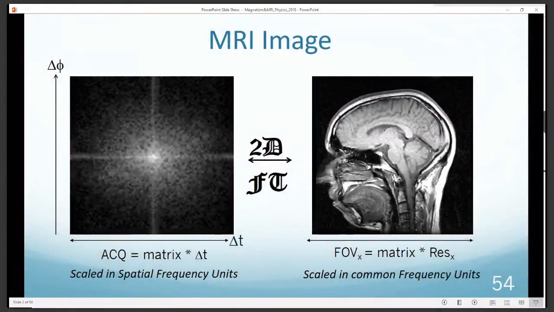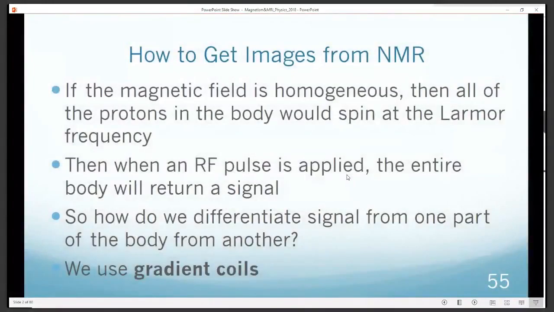And the image data, as acquired, looks something like this display on the left. We call this the raw data. You do a two-dimensional Fourier transform and you get an image like this. Now this is the encoded data and this is the decoded data. So the Fourier transform is decoding the data and turning temporal changes in the NMR signal into images.